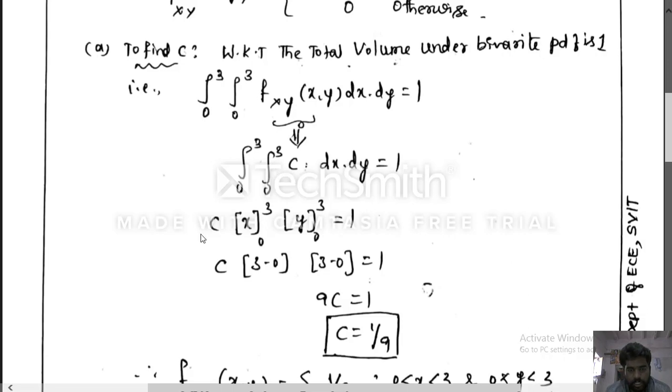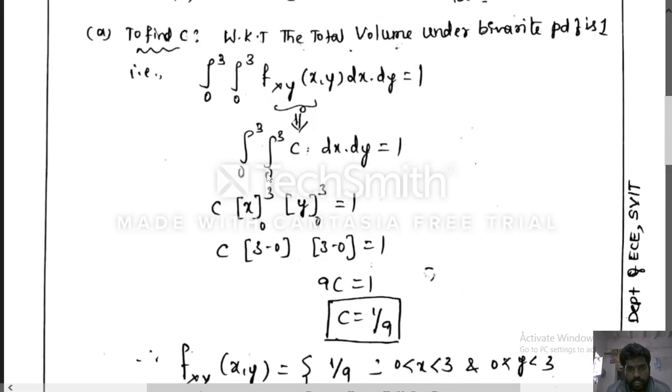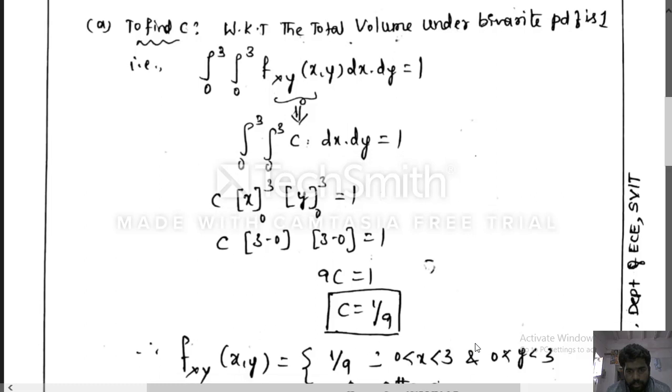So take c outside the integrals. Now the integral of dx and integral of dy is x and y respectively. The limit of x is 0 to 3 and the limit of y also is 0 to 3. If I substitute the limits for both x and y, we are going to get the value of c as c equal to 1 divided by 9.